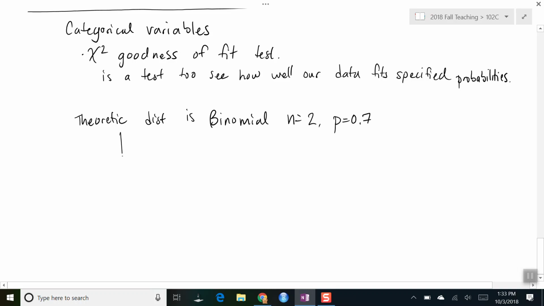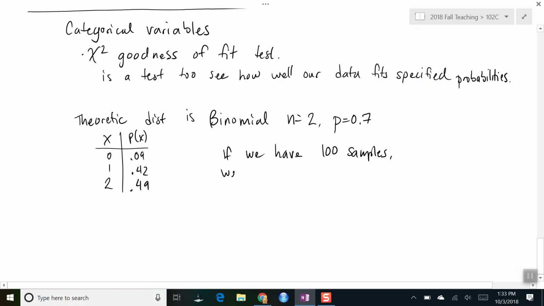So for example, let's just say our theoretic distribution is binomial with n equal to 2 and p equal to 0.7, and these are the probabilities: 0.09, 0.42, and 0.49.